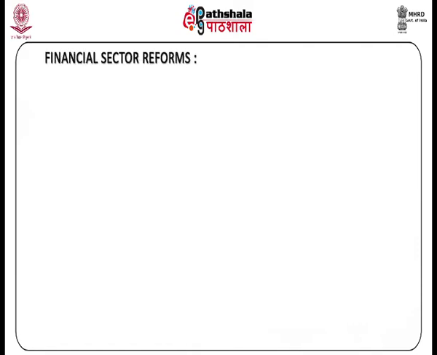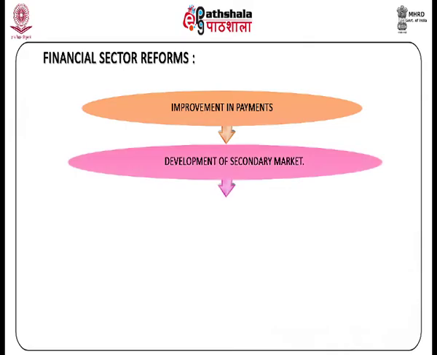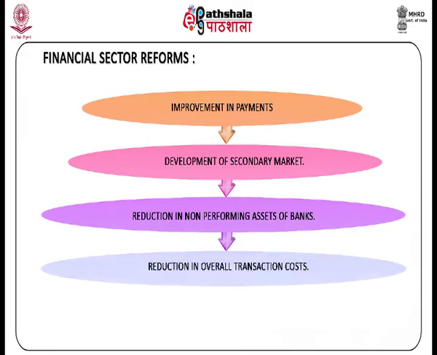As part of financial sector reforms, a number of steps have been taken to enhance the effectiveness of monetary policy, and these include an improvement in the payments and settlement systems, development of a secondary market in government securities with a diversification of the investor base, reduction in non-performing assets of banks, introduction of asset liability management guidelines, and reduction in the overall transaction costs.